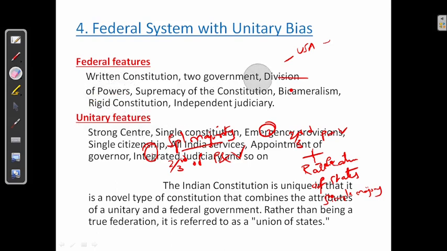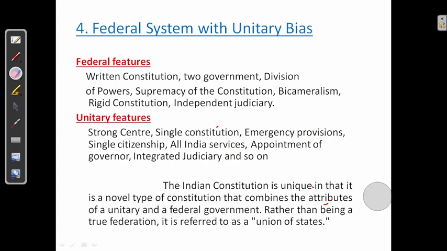Next, we'll see the federal system with unitary bias. Federal features: written constitution, two governments, that is center and state government, and division of powers.